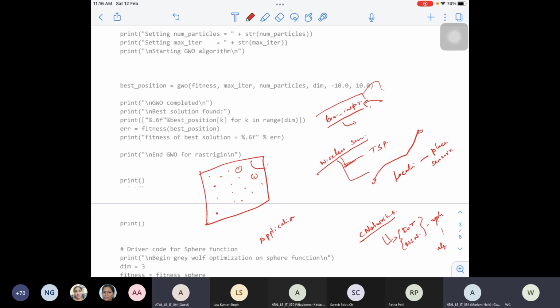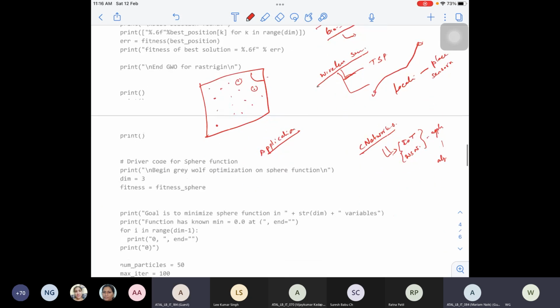For instance, these days drones are being used for monitoring agricultural fields. So what should be the optimal topology of the drones, or how should the drones move optimally in order to minimize their energy requirement?